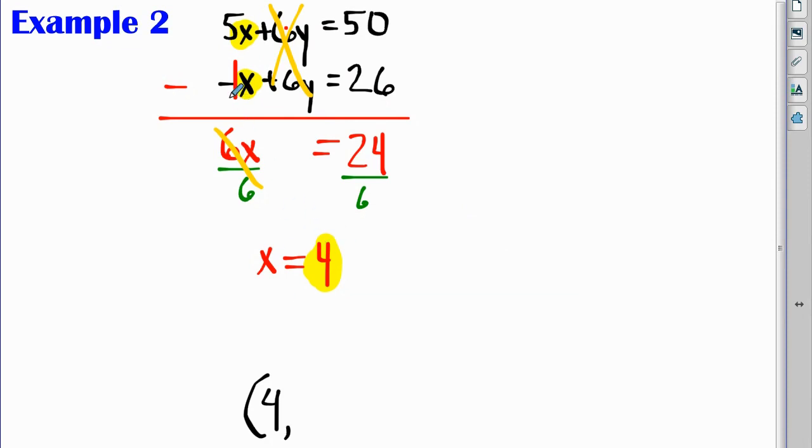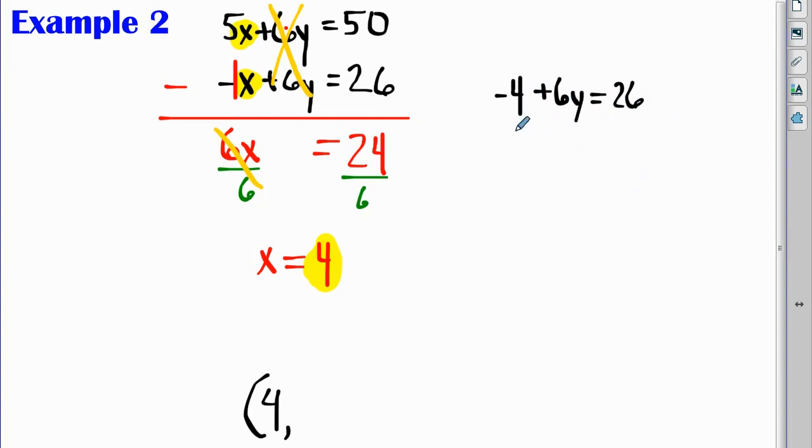So that's negative 1 times x, so I could just write it as negative x. My x value is 4, so the opposite of that is negative 4, plus 6y equals 26.